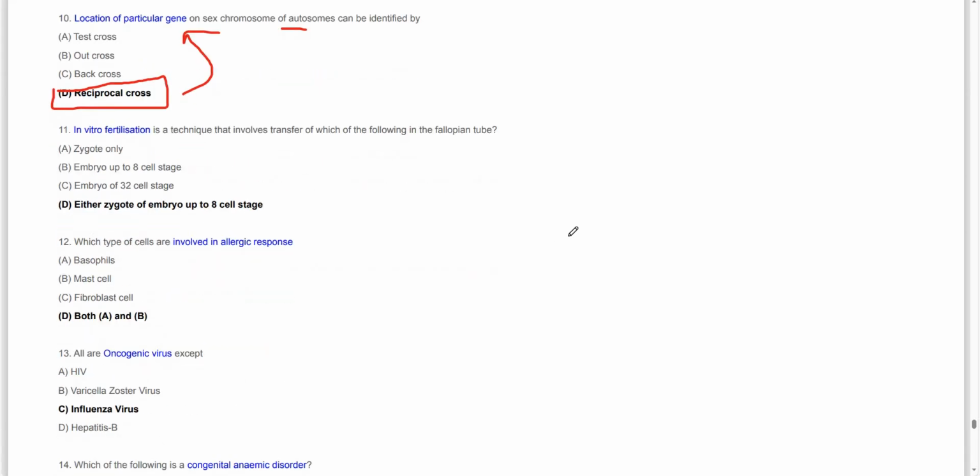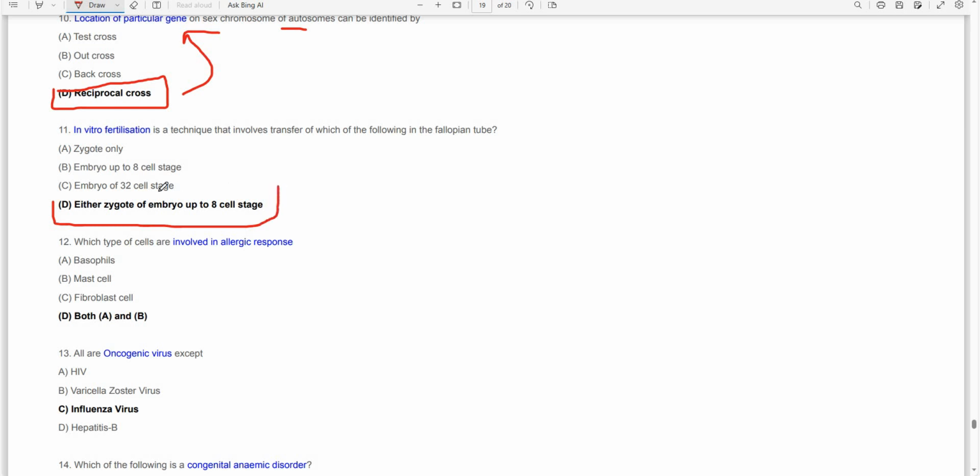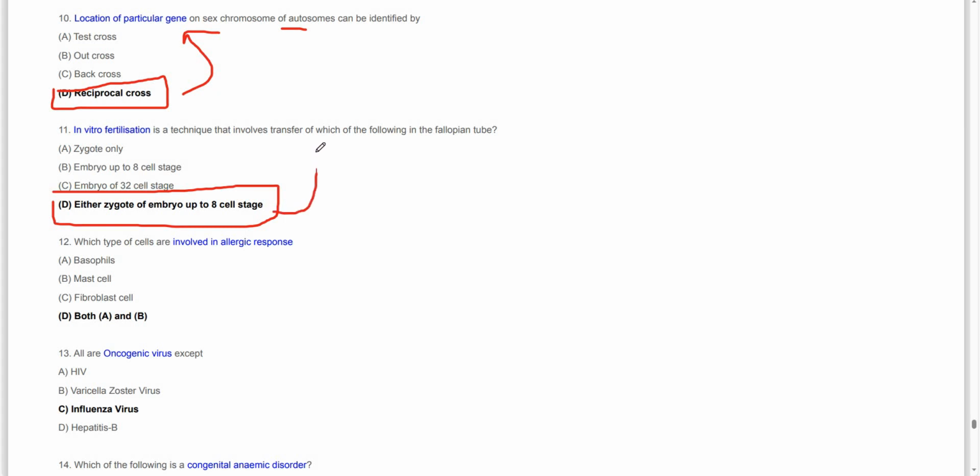In vitro fertilization is a technique that involves transfer of which of the following into the fallopian tube? Either a zygote or an embryo up to the 8 cell stage.